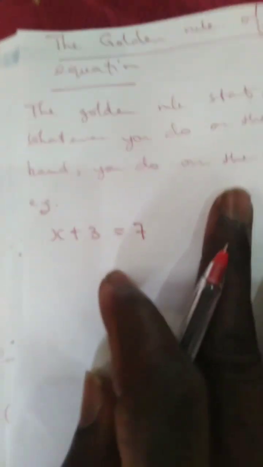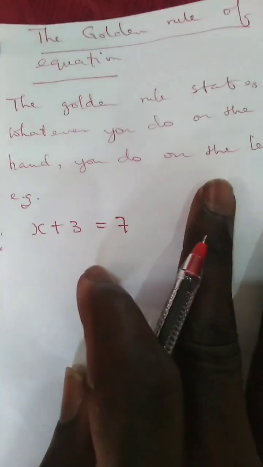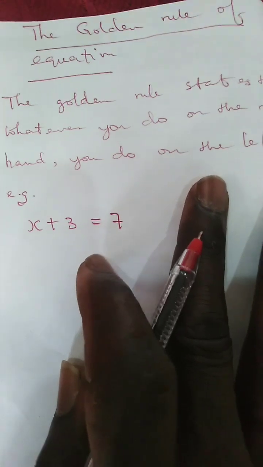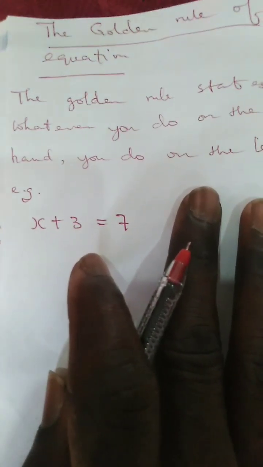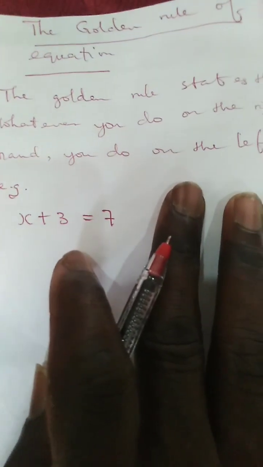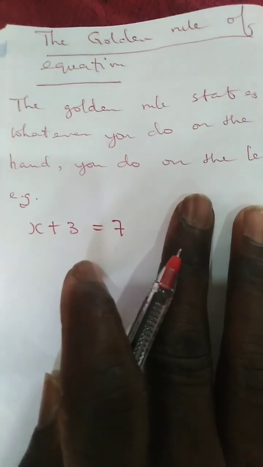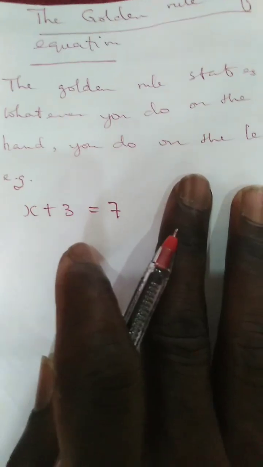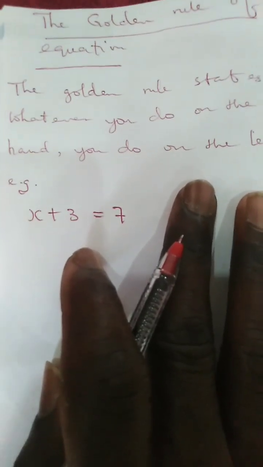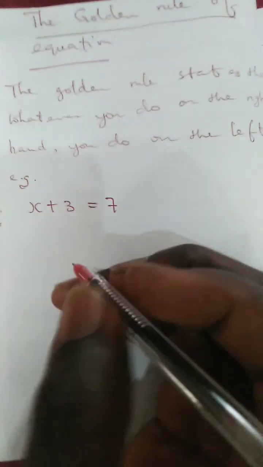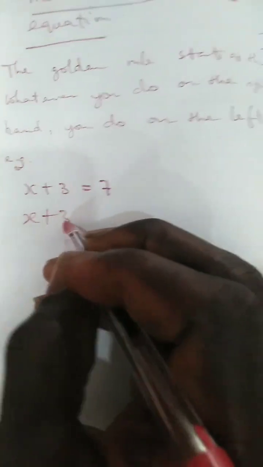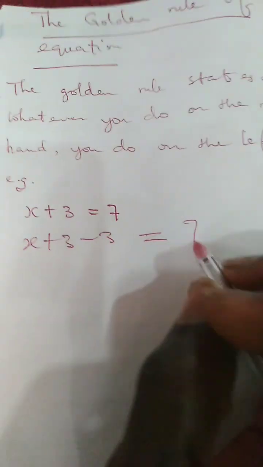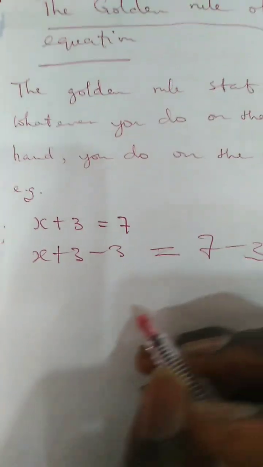So to further explain the golden rule, I have x plus 3 equals 7. The operation here is plus. If 3 is crossing the sign of equality, it becomes minus. So meaning I'm going to subtract 3 from both sides like this. That'll be x plus 3 minus 3 equals 7 minus 3.